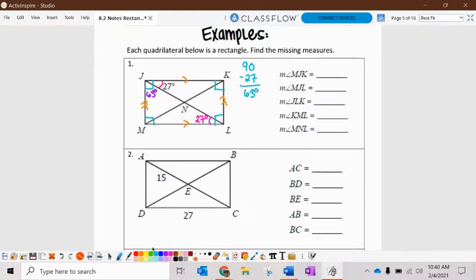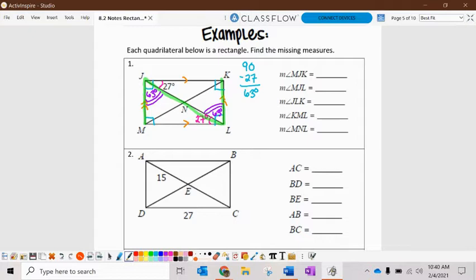And so if you look for that Z, parallel line, transversal, parallel line, then that means that these 2 angles are congruent because they are alternate interior angles. So this is also 63 degrees. Okay, so that's pretty helpful, and we now have 4 of the angles.